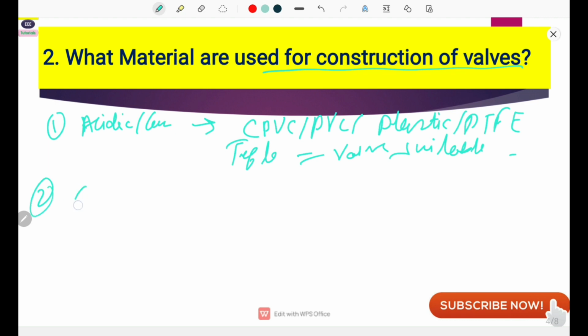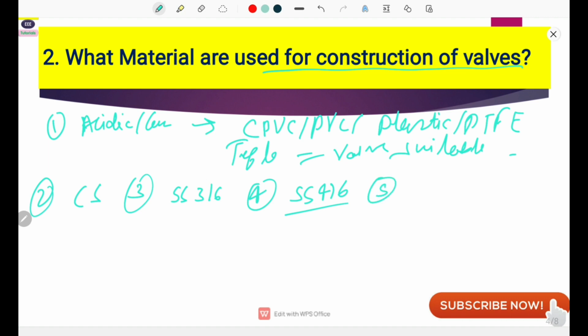But generally carbon steel material are also used for making the valves. Some SS316, and some parts of the valves are also manufactured with the SS416, which is highly tensile.